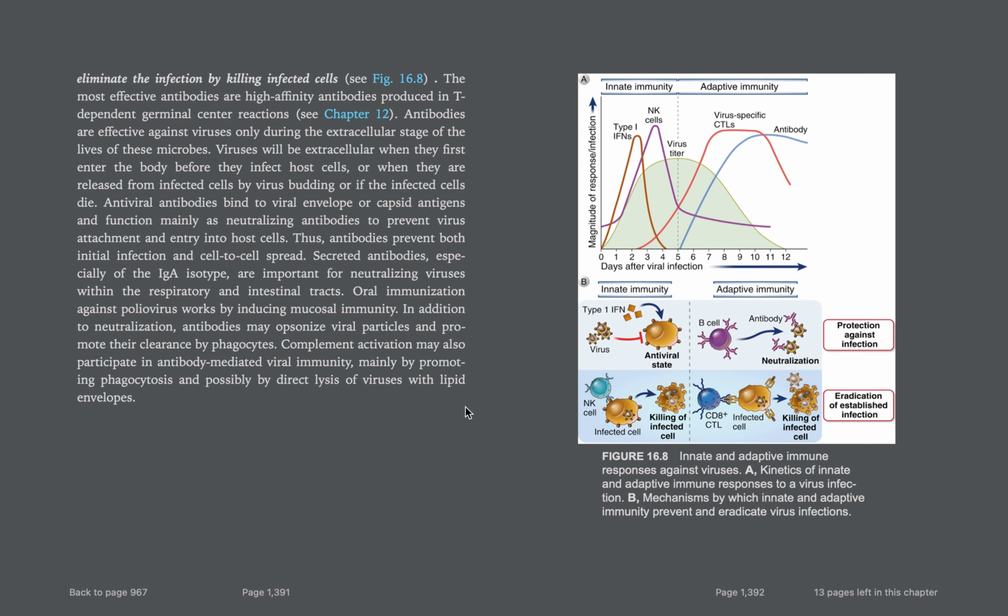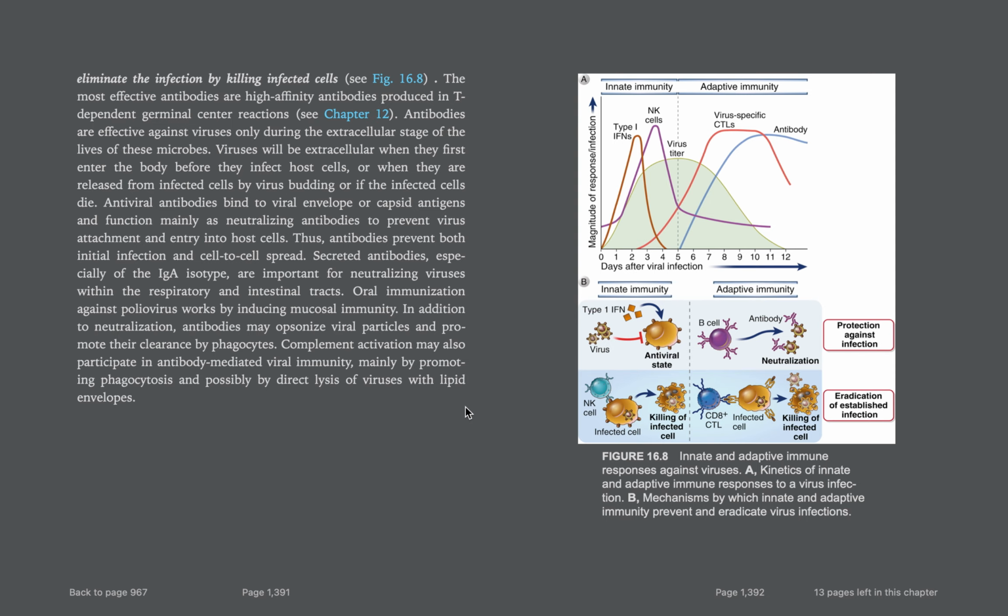Antiviral antibodies bind to viral envelope or capsid antigens and function mainly as neutralizing antibodies to prevent virus attachment and entry into host cells. Thus, antibodies prevent both initial infection and cell-to-cell spread. Secreted antibodies, especially of IgA isotypes, are important in neutralizing viruses within the respiratory and intestinal tract.